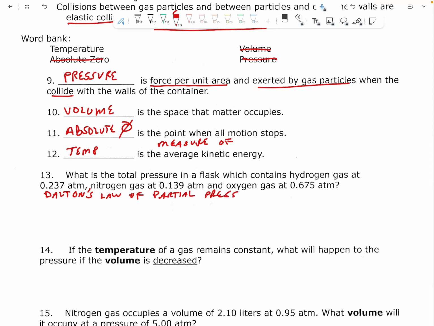And all that means is add up all your pressures. So you have 0.237 plus 0.139, I'll circle those, plus 0.675. When you add them all together, you get 1.051 atmospheres, okay? All right.